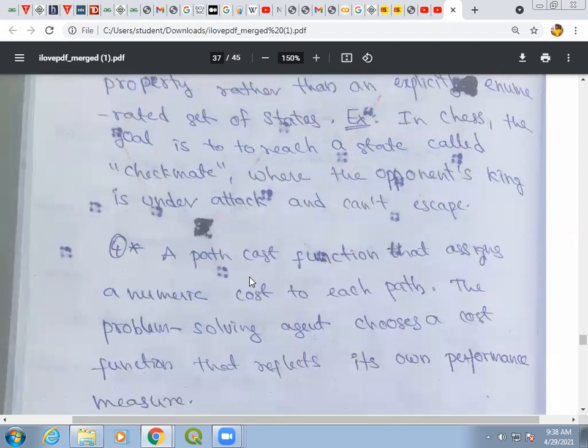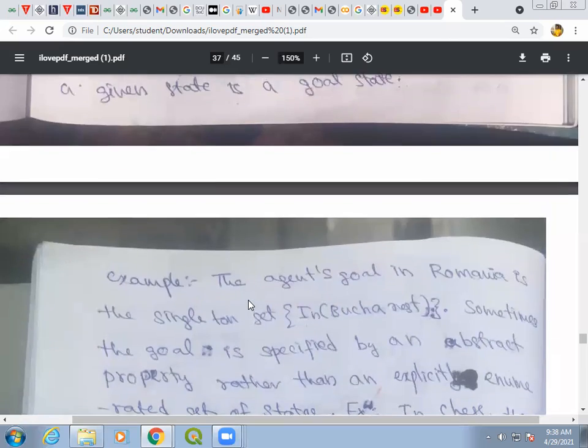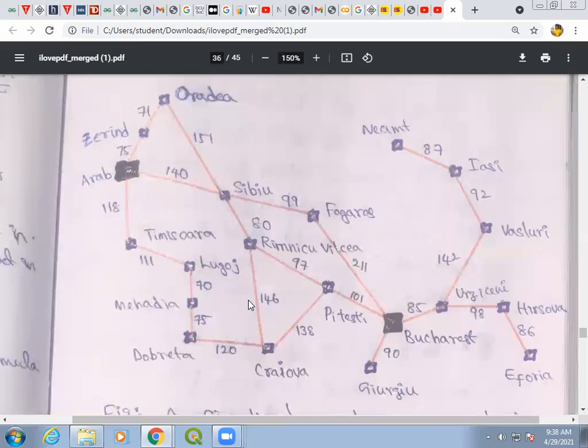Okay, so now we'll be discussing what is path cost. Path cost is nothing but assigning some numerical value to each path. See here in this particular graph of Romania, all of you observe this graph, for each action. For example, if you go to Sibiu, this action takes a path cost of 140.